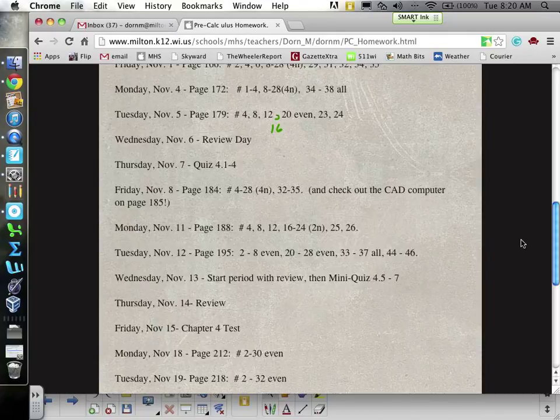The biggest challenge of Chapter 4 is we have several formulas you have to have memorized. Law of sines, law of cosines. When it comes to law of tangents, I may actually plop that one on the board for you. I'm not worried about you memorizing that one. So, hand me that piece of chalk, Jaden, and I'll write that on the board right now so that nobody gets concerned about memorizing the law of tangents.